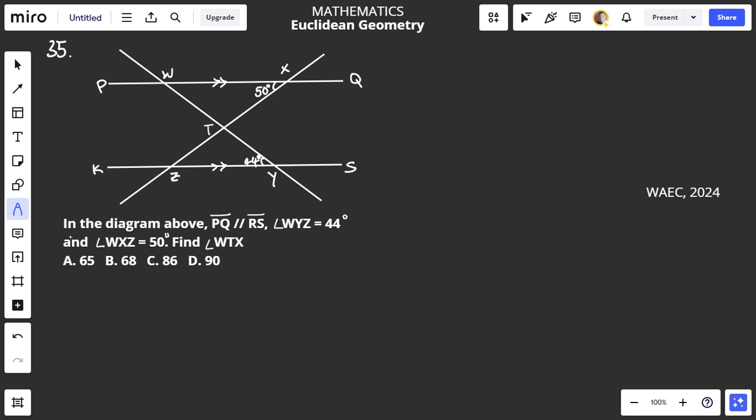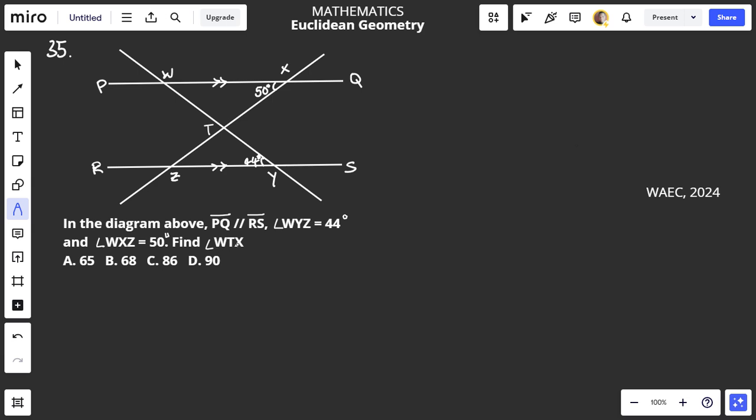Okay. The question says, in the diagram above, line PQ is parallel to line RS, and then angle WYZ is 44 degrees, and angle WXZ is 50 degrees.